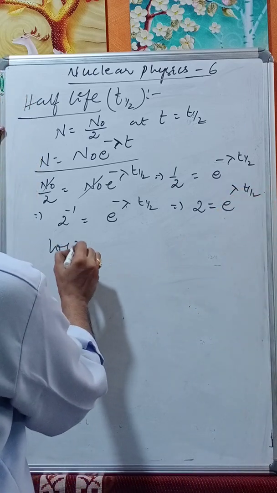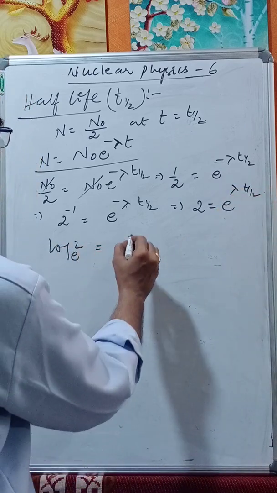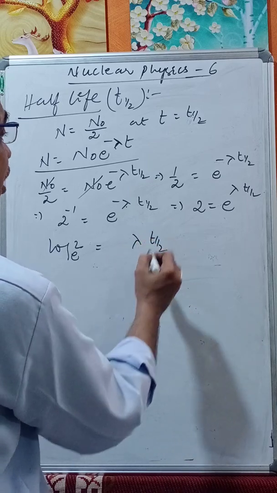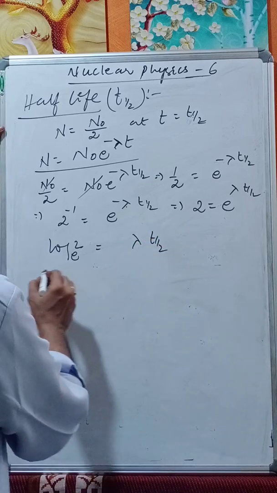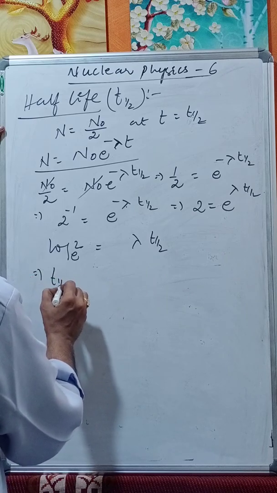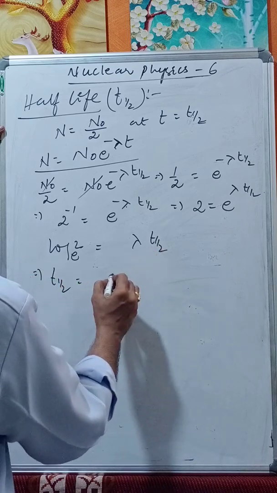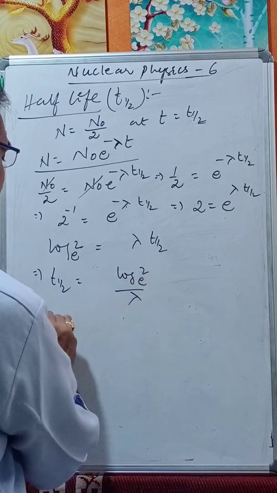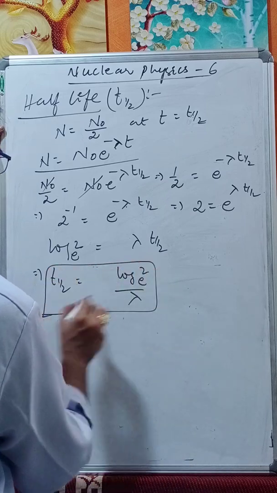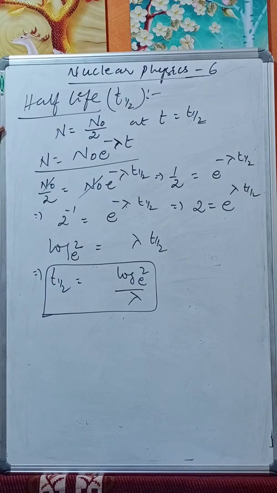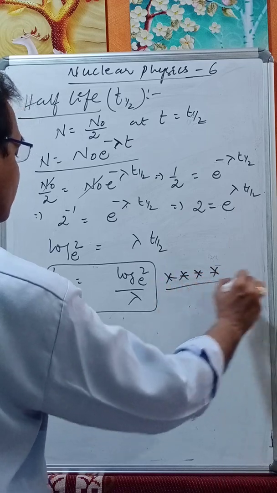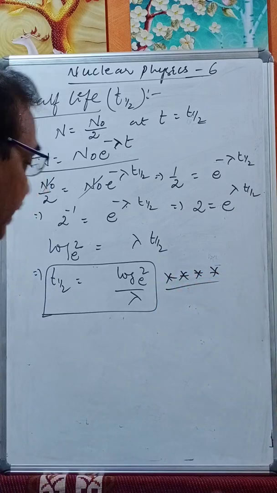Taking log to the base e, log 2 is equal to lambda T half. This implies T half is equal to log 2 to the base e by lambda. This is a very important equation.